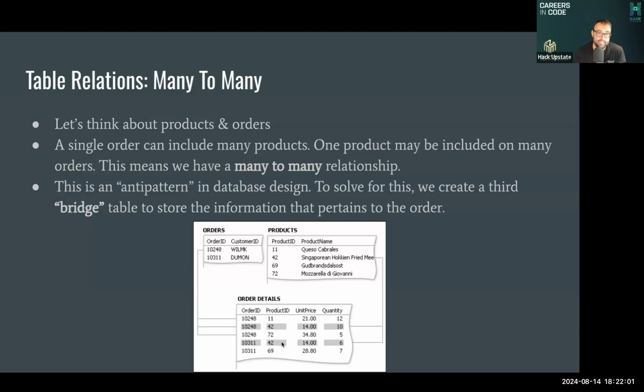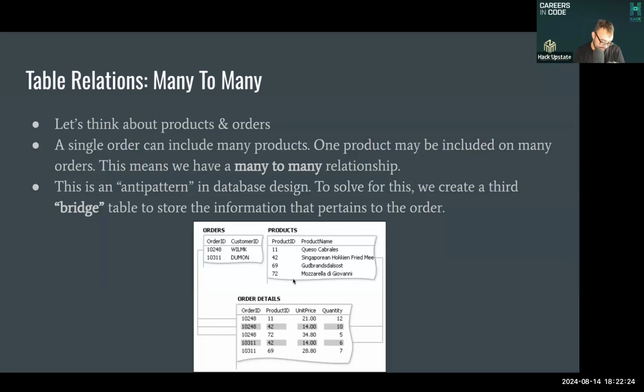What this basically means is we may have multiple rows representing one order. In this situation, order ending in 248 has 3 products associated with it. It has 11, 42, and 72, and we can see those details up in the products table.